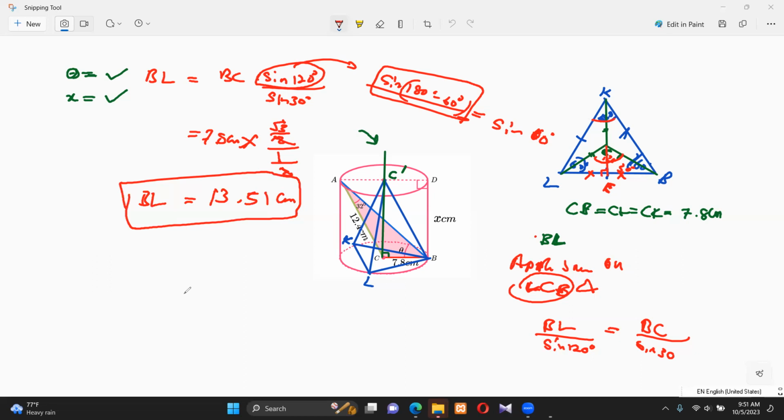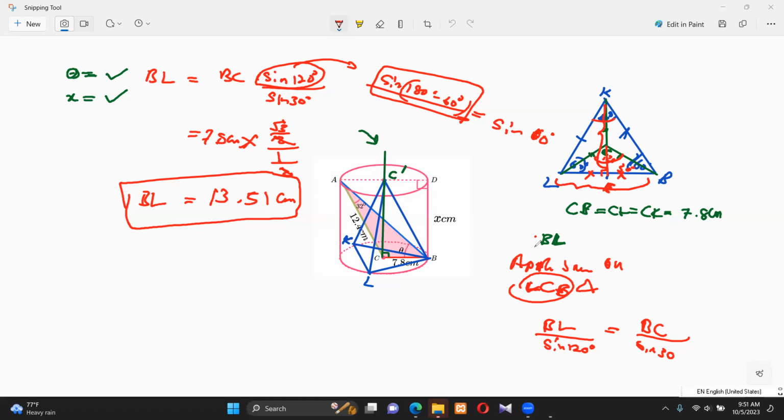Now we'll find the area of the base triangle. We need the perpendicular height because in the syllabus we have not derived any equation for finding the area of a triangle when we know all three sides.